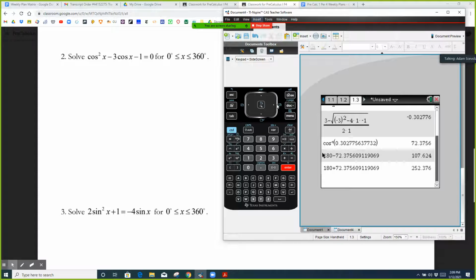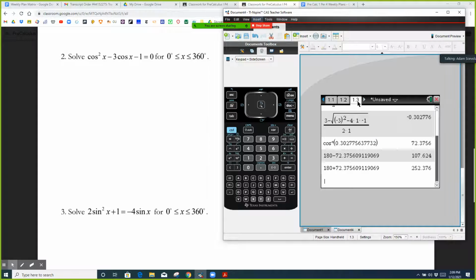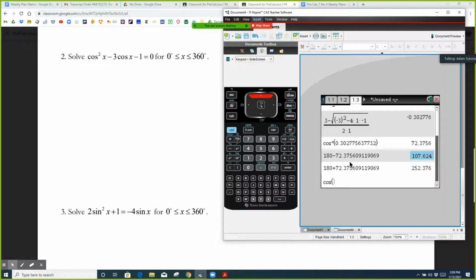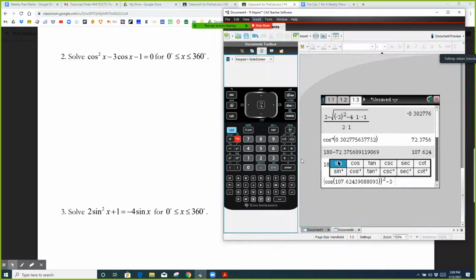Now, I showed you before that you could check your work by graphing. You can also check your work by just plugging these angles back in. So if I did the cosine of x, but instead of x, I used one of my solutions and then squared it. That's what it starts off as, cosine of x squared, minus 3 times the cosine of x.